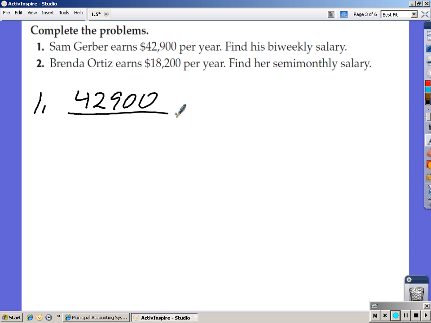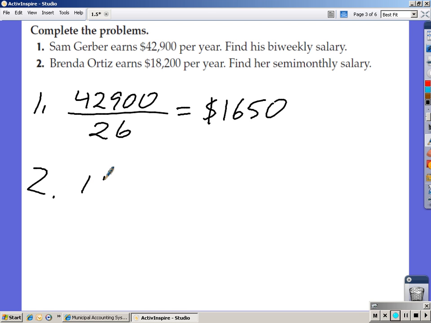Okay, for bi-weekly, you get paid every 2 weeks. There are 26 bi-weekly pay periods in a year. 42,900 divided by 26 is $1,650. All right. Number 2, Brenda Ortiz earns $18,200 per year.